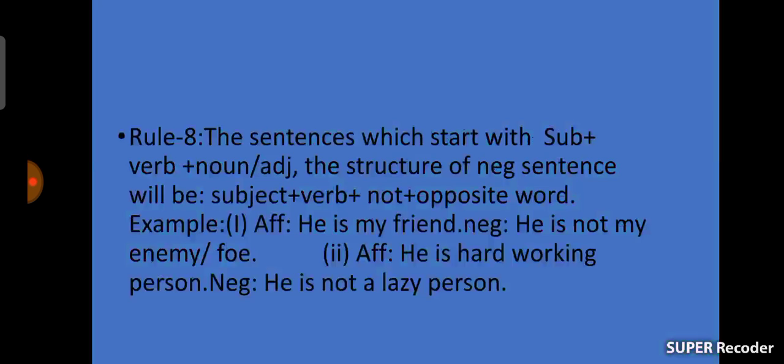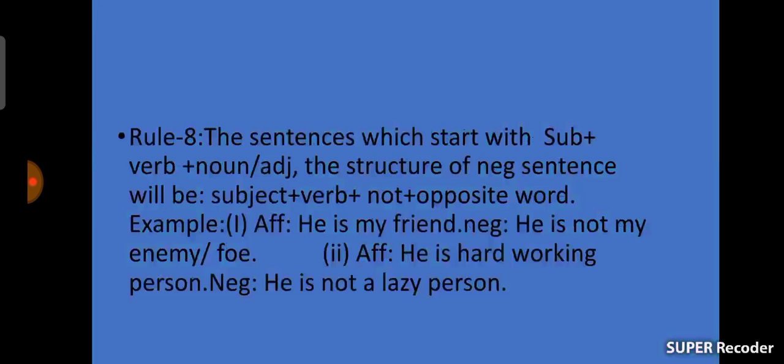Example number 1, affirmative: he is my friend. Negative would be: he is not my enemy or foe. Here the subject is he, the verb is is, and we should use not. And for my friend, the opposite word of friend is enemy or foe. He is my friend; negative would be: he is not my enemy or foe.